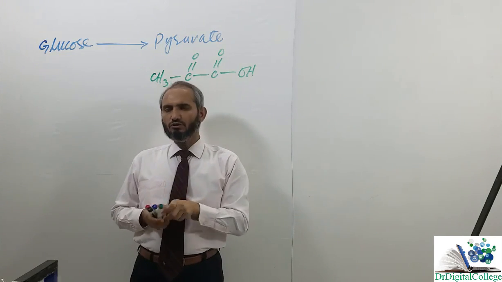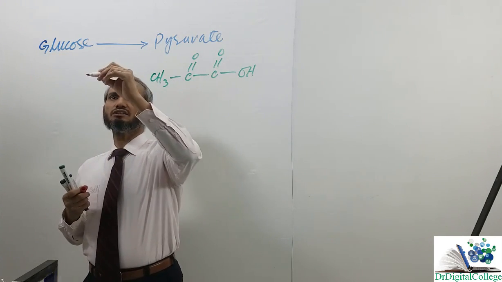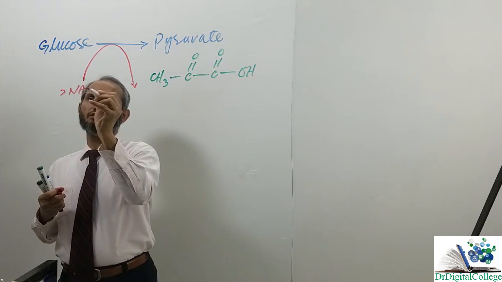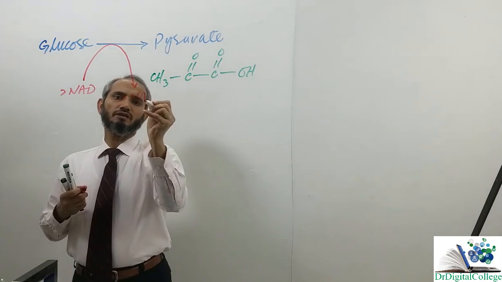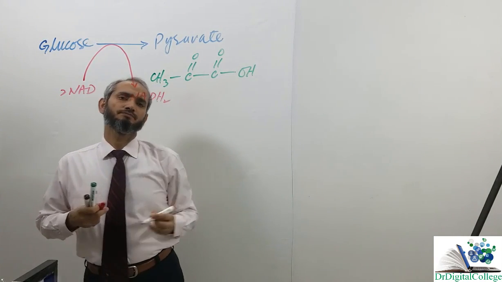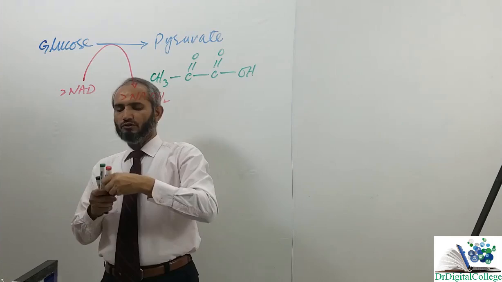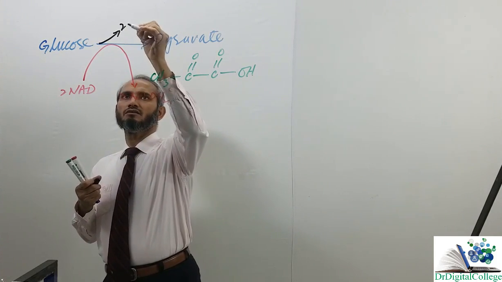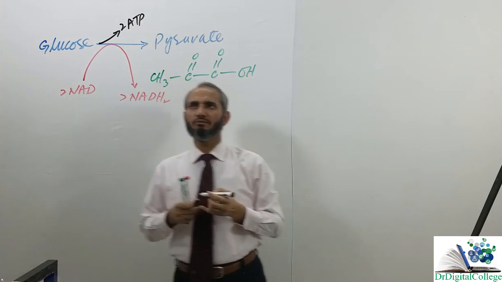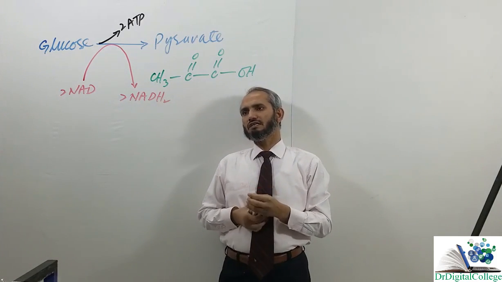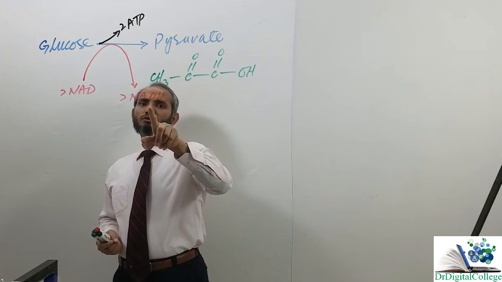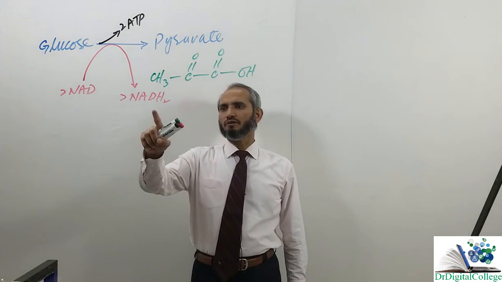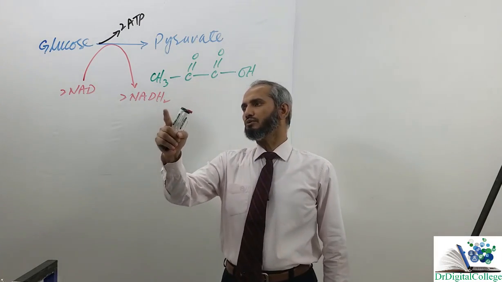And you know that during this process, there is the reduction of 2 NAD into 2 NADH2. There is the formation of 2 ATP. We are getting 2 ATP.